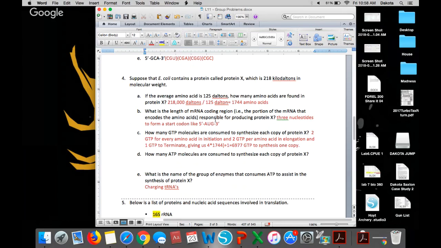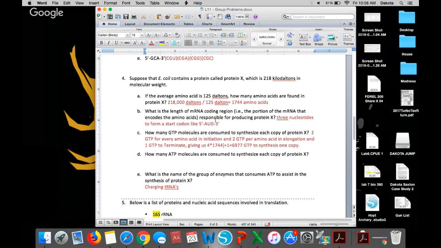And then C is asking how many GTP molecules are consumed in synthesizing each copy of protein X. So there are 2 GTP for every amino acid in initiation and 2 for elongation. And then there's also 1 GTP for terminating, which gives us 4.